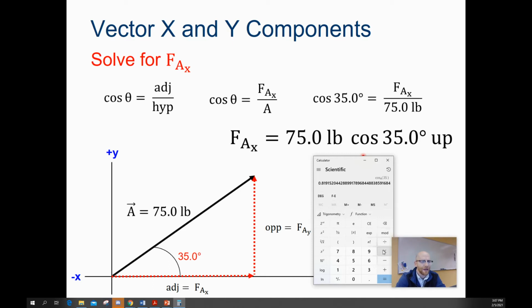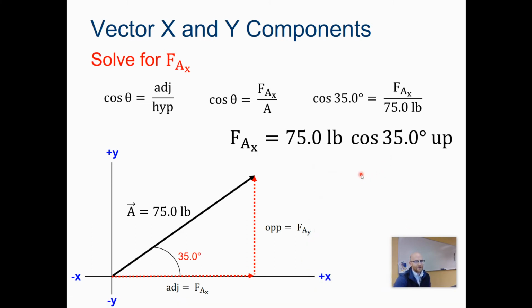And then I'm going to multiply that by 75. So about 61.4 pounds of force in the x direction. The force of vector A in the x direction, or the x-axis, is 61.4.